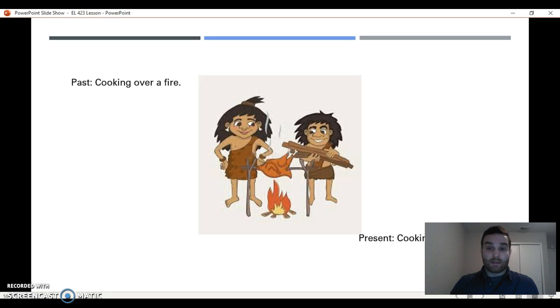So yes, this is a little bit more of a technology difference as well. What else can we notice about the picture? We could tell that this is from the past from what they're wearing. So what's another word for what they're wearing? Let's say apparel. Let's add that to our vocabulary list.